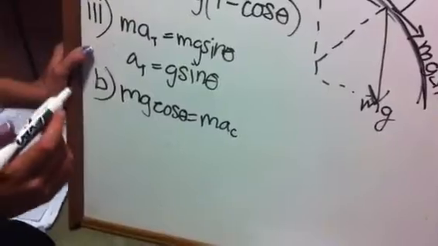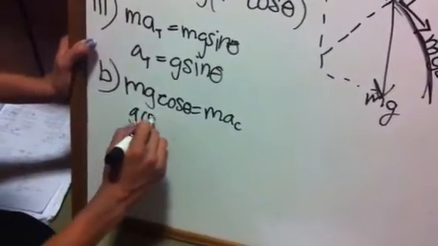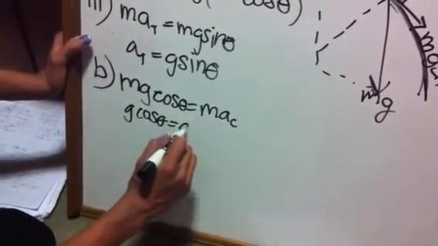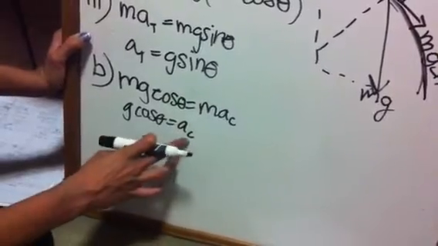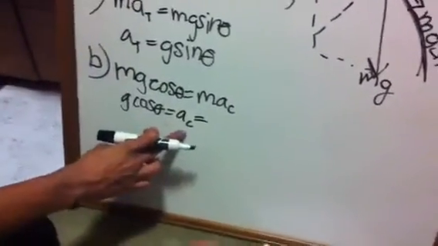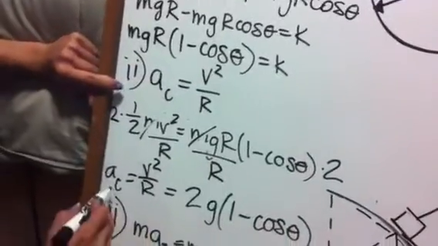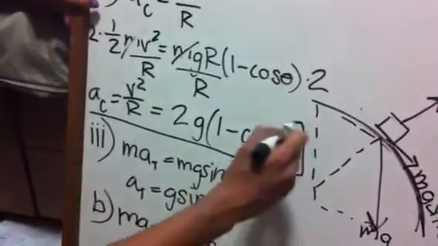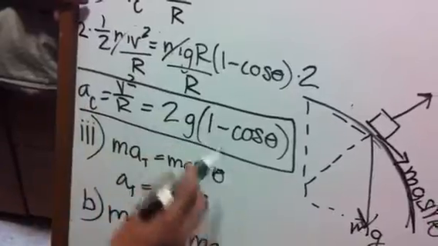Therefore, g cosine theta equals a c, because that is the centripetal acceleration. And then, as we figured out in part 2, centripetal acceleration equals 2g times 1 minus cosine theta.